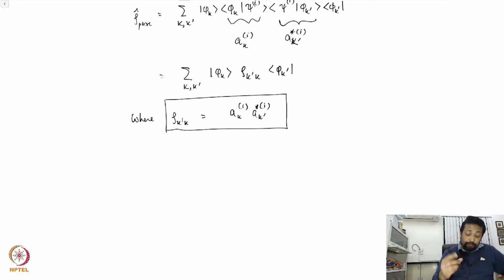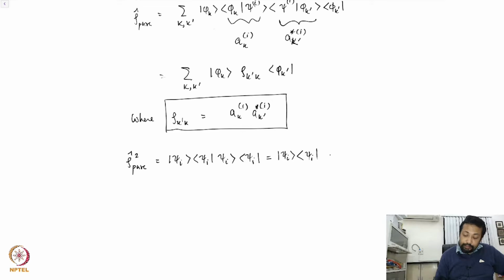For a pure state, you should also note that rho square pure is a projection operator, therefore you know that rho hat pure squared, acting on psi i, is equal to rho hat pure.